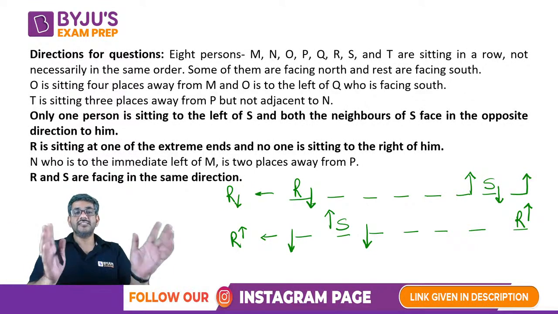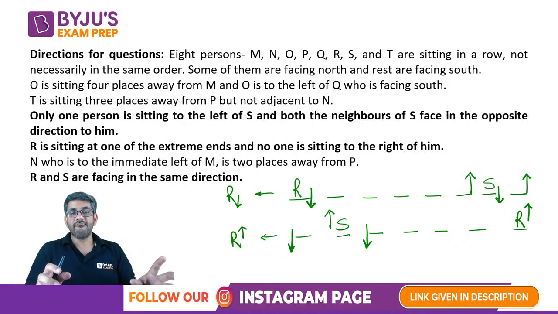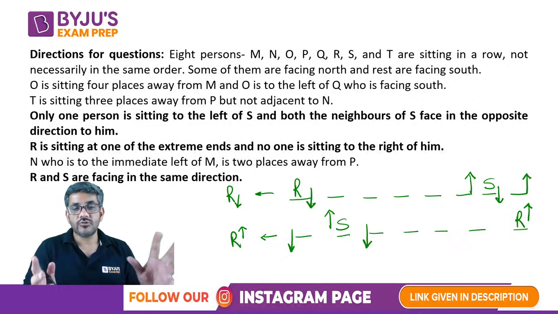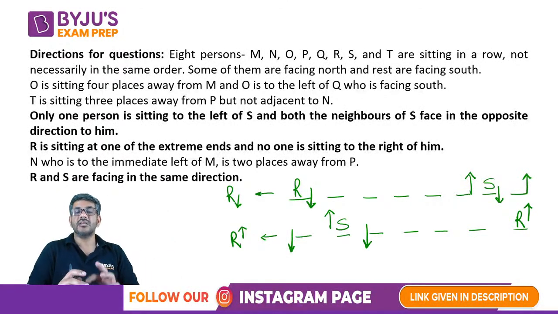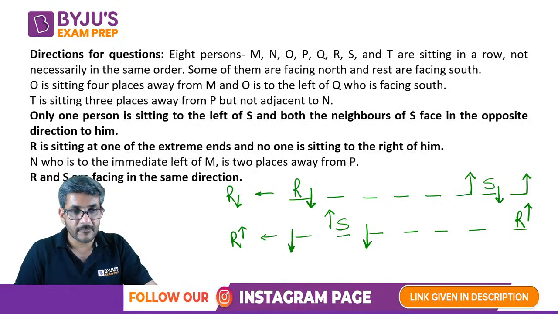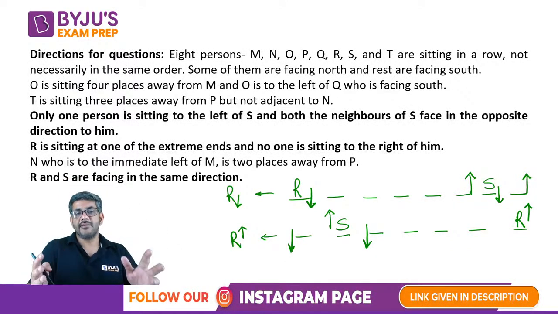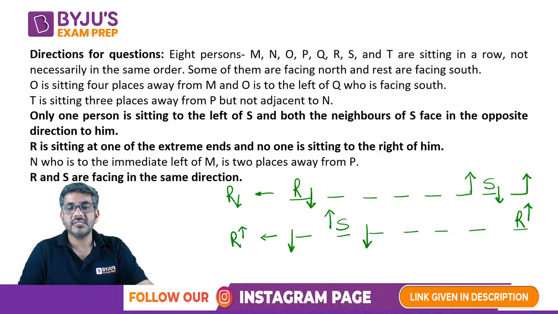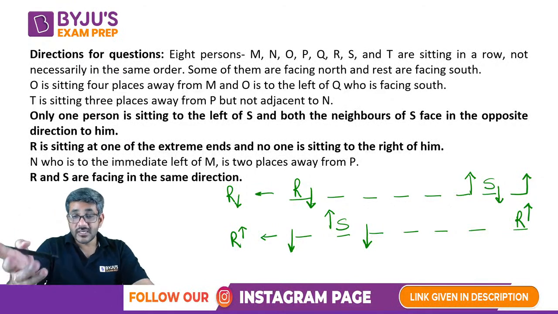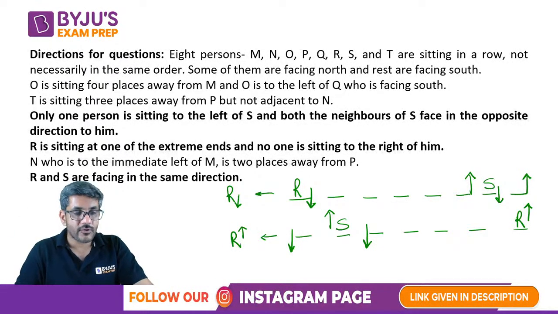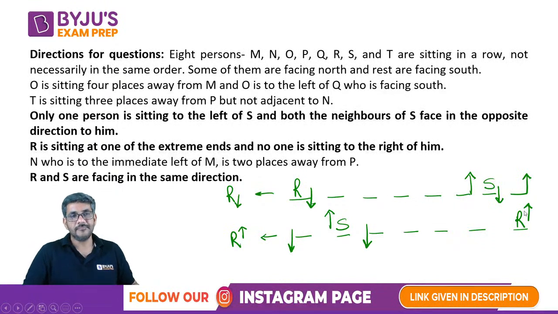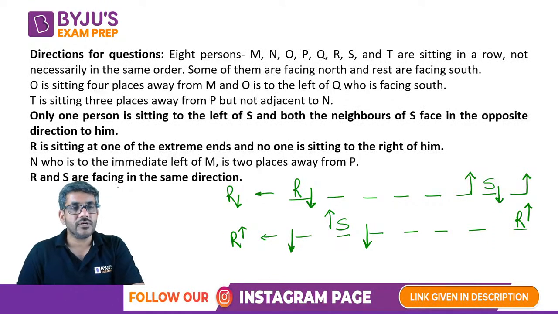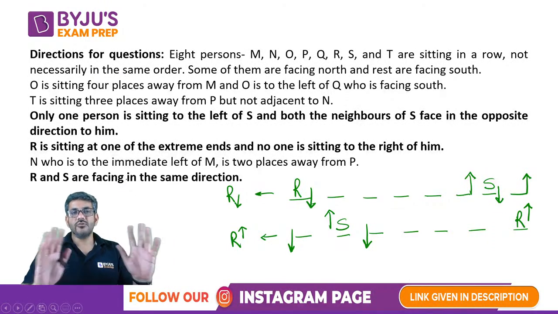So according to these three statements, till now I have put in R and S, and I also got to know in which direction the neighbors of S are facing. This is the order in which, if you move, you will find the question becomes simpler. Sanket has already done it, OST and MPQR. I hope I get the same answer, Sanket. Now the next statement: till now I have used all this information.